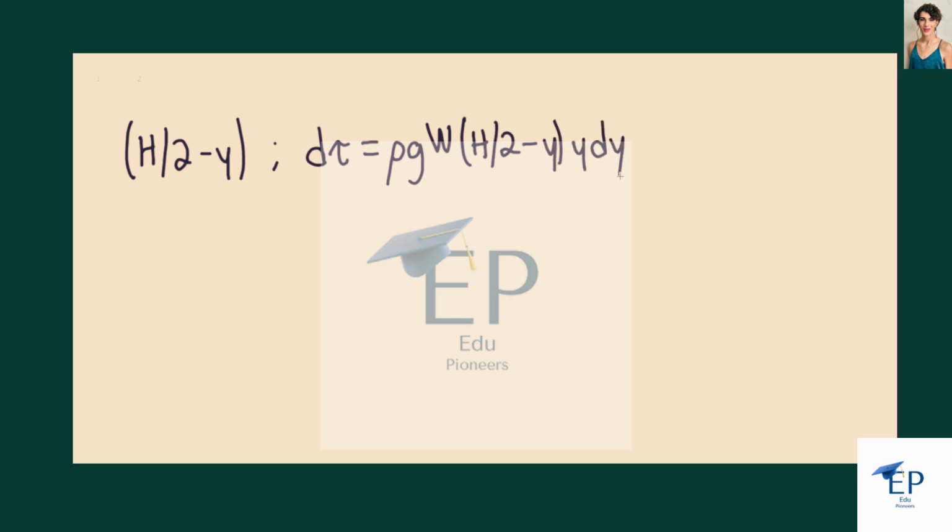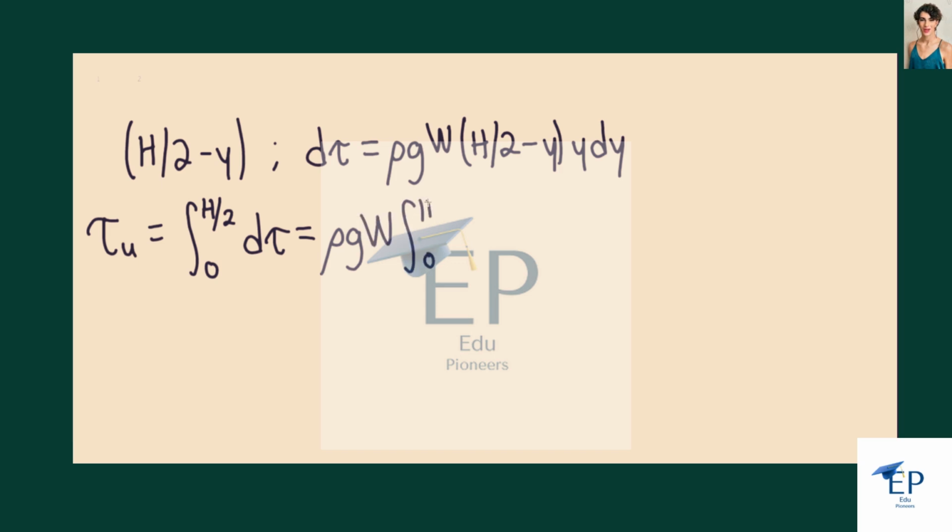And so the torque on the upper half of the gate would be the integral from 0 to h over 2 of d tau. This is going to be equal to the density times the acceleration due to gravity times the width times the integral from 0 to h over 2 of h over 2 minus y, multiplied by y dy.